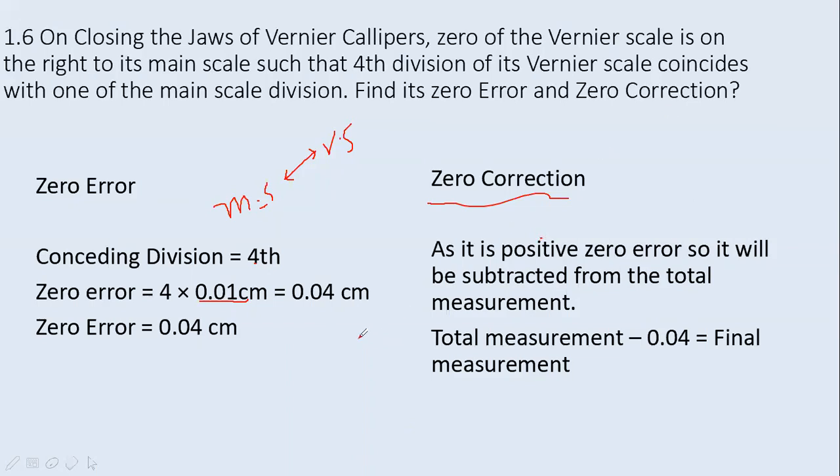For example, if an object has a length measured with zero error as 1.04 centimeter, as this instrument measures 0.04 centimeter more, the actual reading will be 1 centimeter.